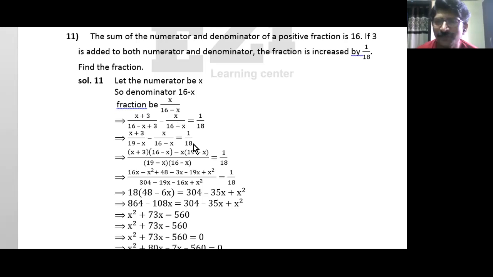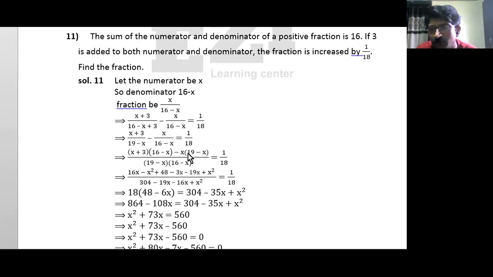And now how to do this question? Simple. We've already done this type of question in exercise 5.2, if you remember. So do this cross multiplication, this with this, minus this into this, 19 minus x, whole thing upon 19 minus x into 16 minus x, which equals 1 upon 18. Now binomial into binomial: 16x minus x square plus 48 minus 3x.